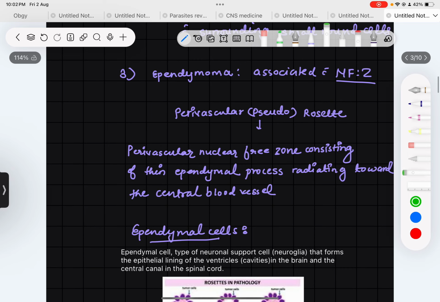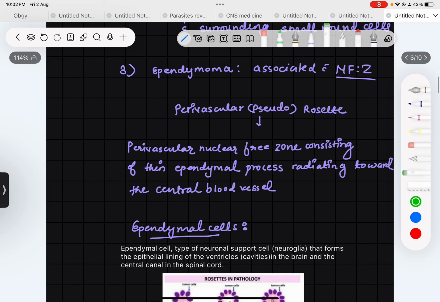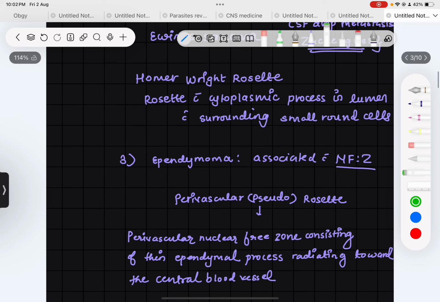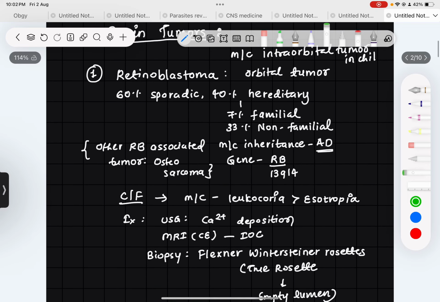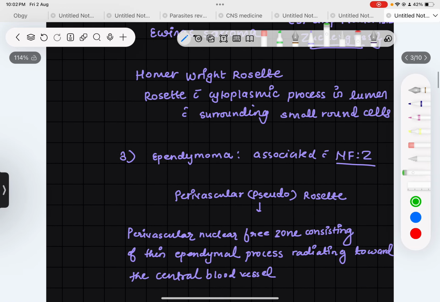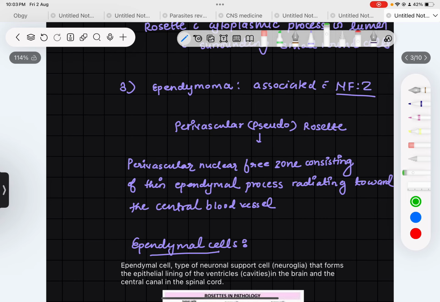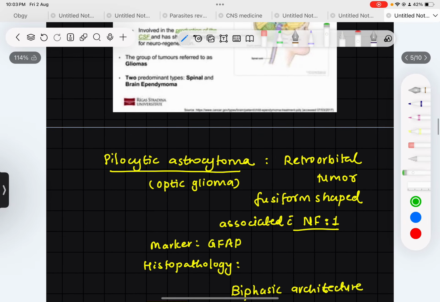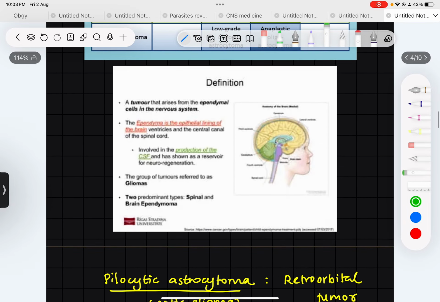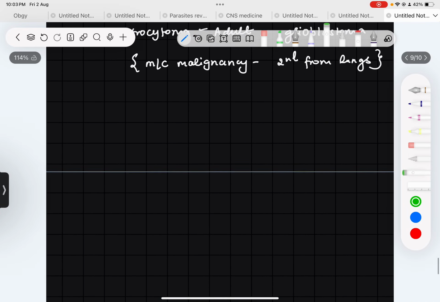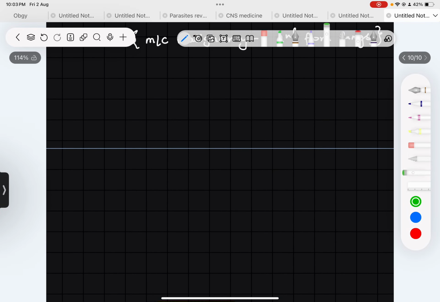Now the third one is ependymoma. Ependymoma is a type of glial tumor, a glioma. We have learned retinoblastoma and medulloblastoma, which are neuronal tumors. Now this is glial. We know that in the brain there are four types of glial cells. I have a photo of the classification of neuronal cells.